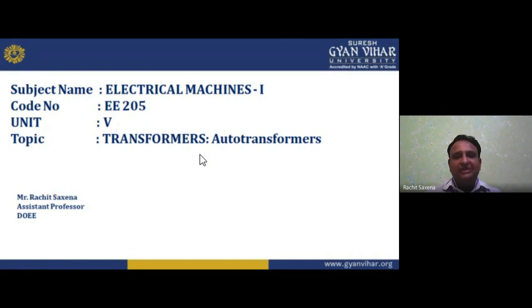My dear students, we apply this principle in the transformer working. So transformers are identified on the base of supply, single phase and three phase.